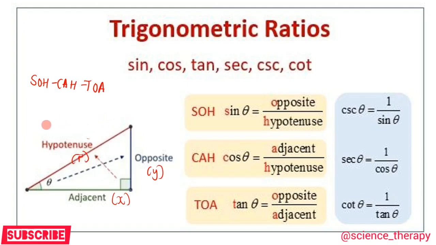Then sine theta is opposite, which is y, over the hypotenuse r. For cos theta, we will have adjacent, which is x, over the hypotenuse r, and for tan theta, we will have opposite, which is y, over the adjacent, which is x. So we can express it in the form of y, r, and x.